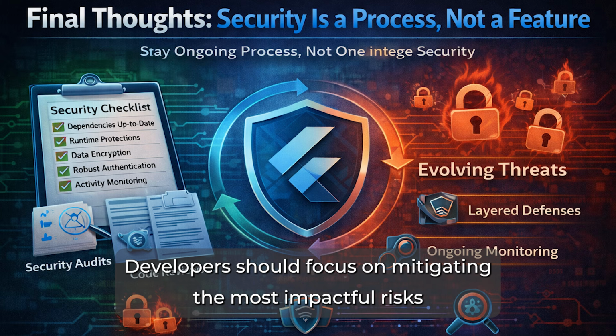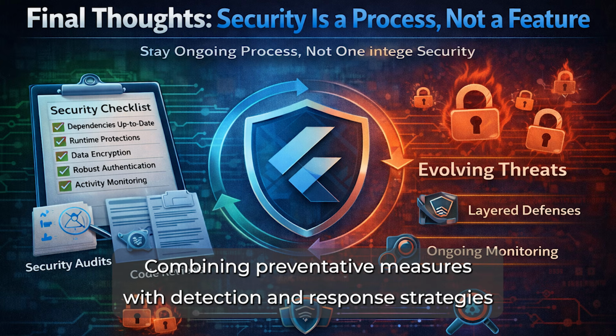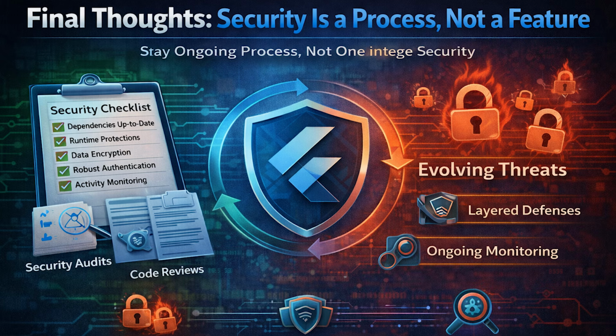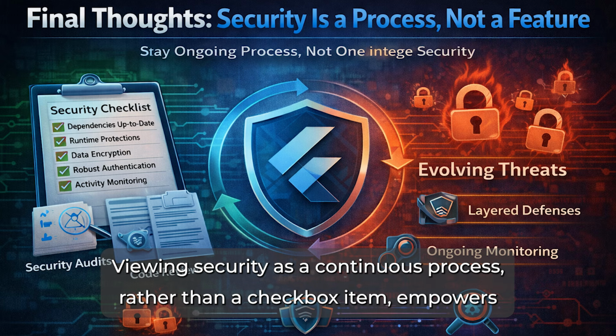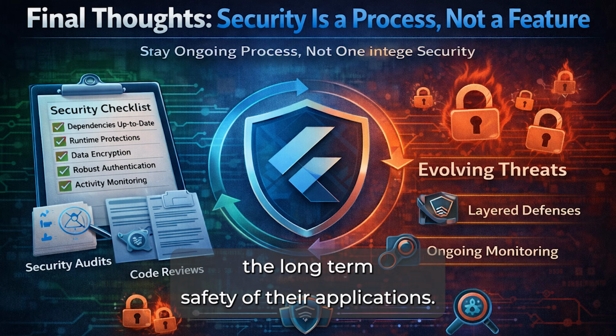Developers should focus on mitigating the most impactful risks and being prepared to respond quickly if a vulnerability is exploited. Combining preventative measures with detection and response strategies creates a resilient Flutter app that can adapt to new threats. Viewing security as a continuous process, rather than a checkbox item, empowers teams to protect user data, maintain trust, and sustainably manage the long-term safety of their applications.